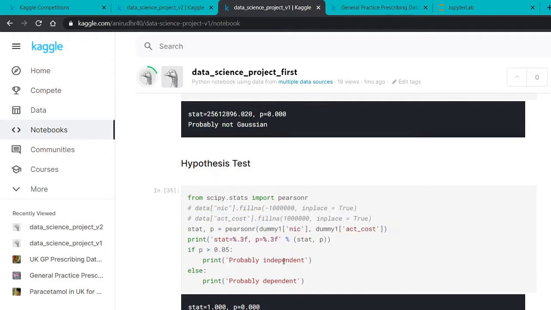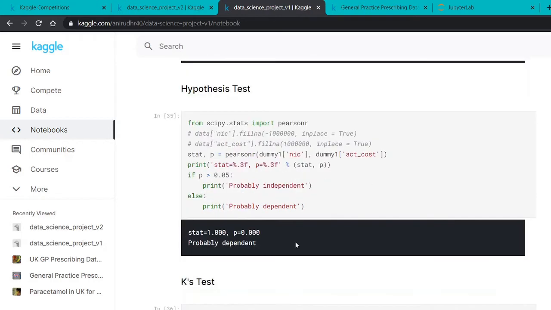We did the hypothesis testing wherein we said that if the p-value is greater than 0.05, the two samples are independent, and if it is less than 0.05, it is dependent. We did the hypothesis test using the Pearson hypothesis test. We found that the p-value is less than 0.05, and hence it's dependent.